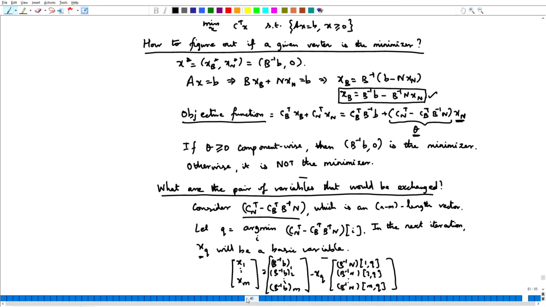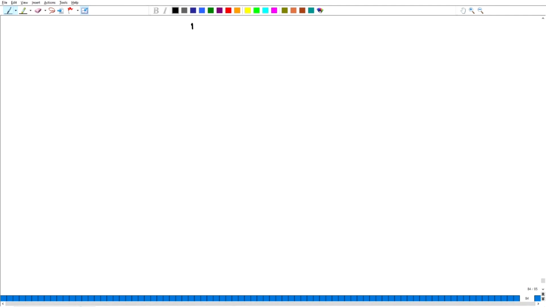So, in other words, I want B inverse b of i minus x_q into B inverse N of (i, q) to be greater than or equal to 0, right. Okay.